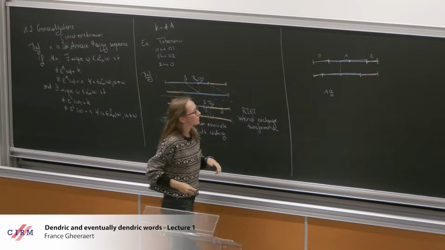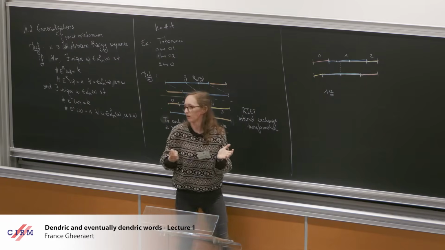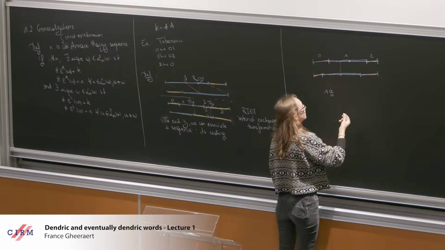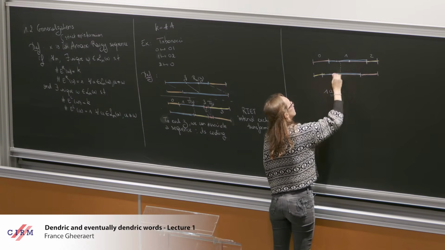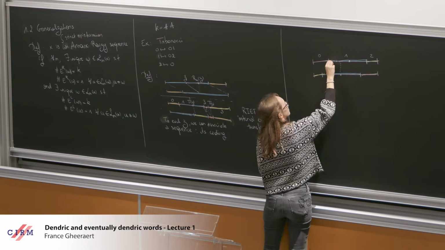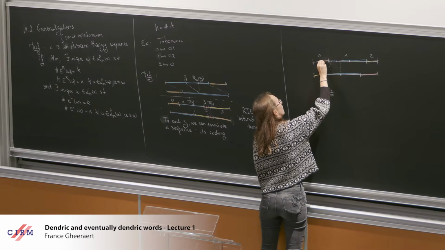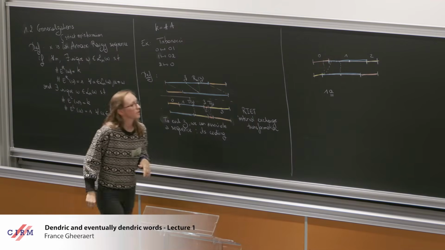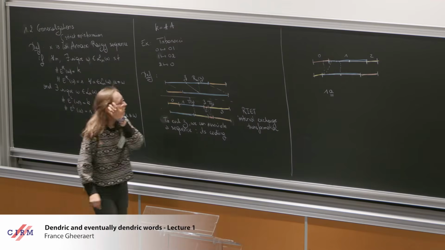So right away you see on this drawing that A can be equal to 1. And more generally, you can also see that if I take this point there, this means that A can also be equal to 0.